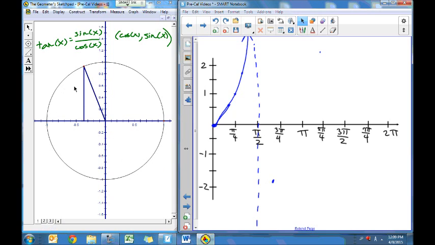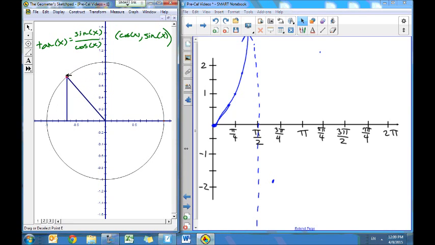Okay. Now if this is about 3 pi fourths, then I have root 2 over 2 and negative root 2 over 2. And if I divide that, root 2 over 2 divided by negative root 2 over 2, I get negative 1. So I'm out here at 3 pi fourths, I'm at negative 1.